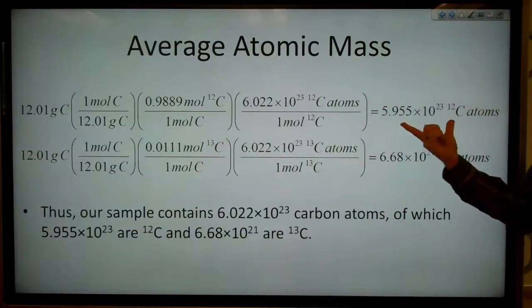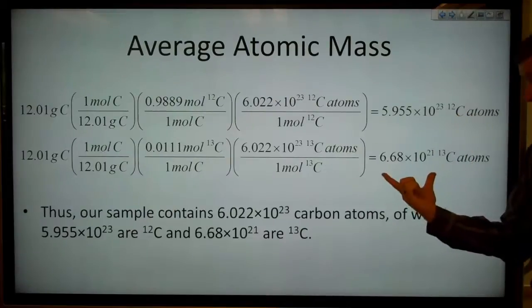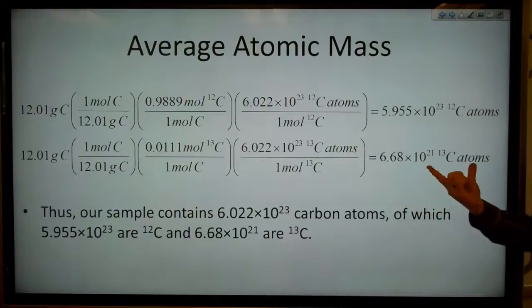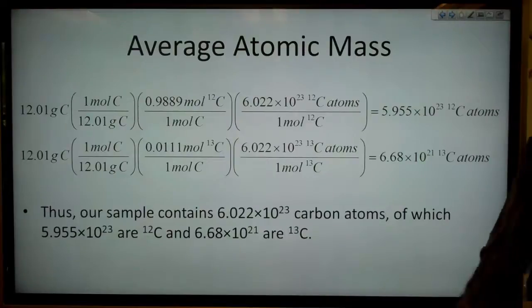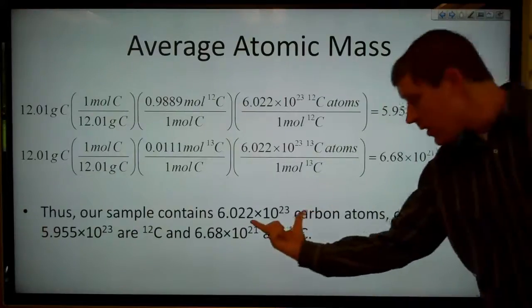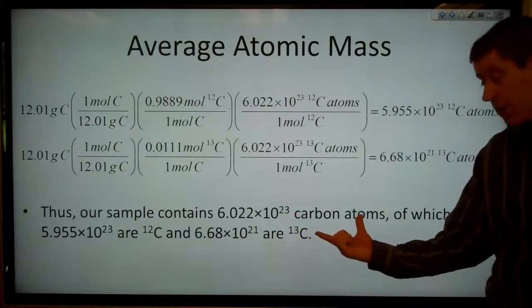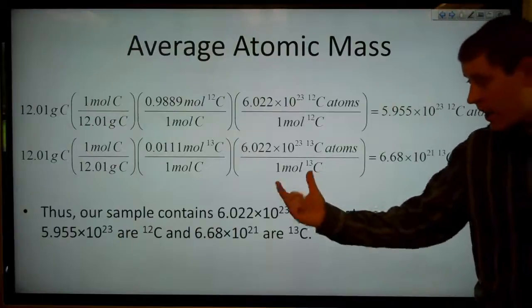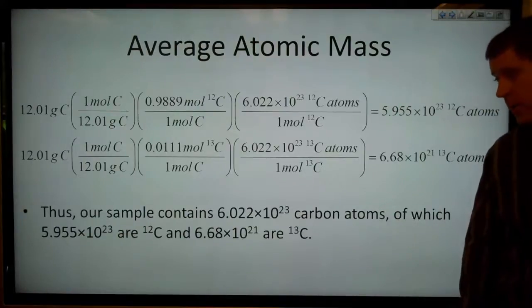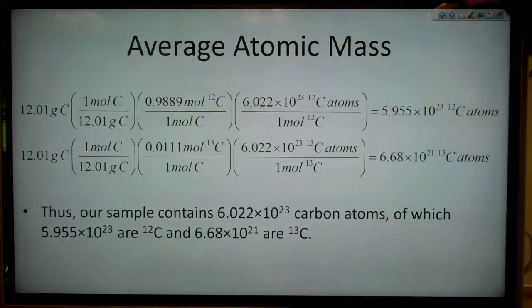We end up with 5.955 times 10 to the 23 carbon-12 atoms and 6.68 times 10 to the 21 carbon-13 atoms. So our sample contains 1 mole of carbon atoms, 6.022 times 10 to the 23 carbon atoms, and we have 5.955 times 10 to the 23 carbon-12 atoms and 6.68 times 10 to the 21 carbon-13 atoms.